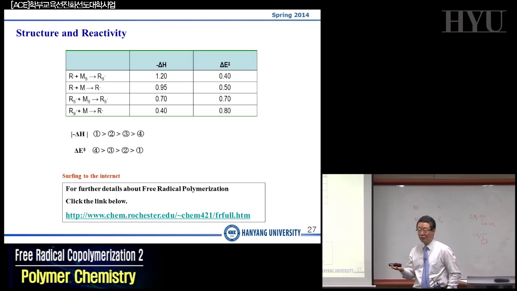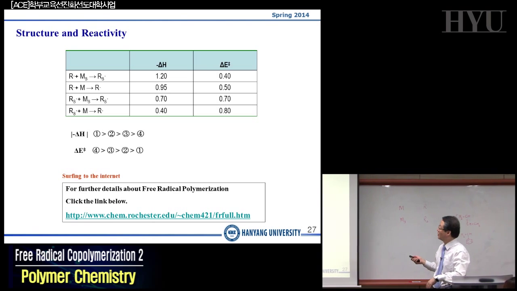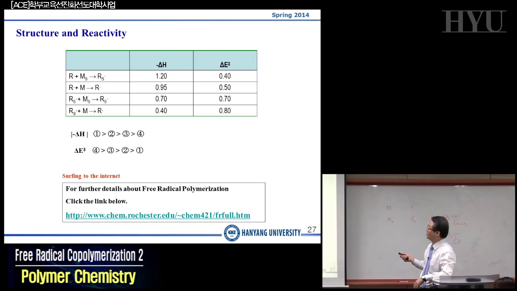Therefore, it's much easier to go ahead with your copolymerization, and that was evidenced by the lower activation energy. Whereas you have a larger heat of enthalpy, and this is negative. Therefore, it will contribute to your negative Gibbs free energy of difference, right?